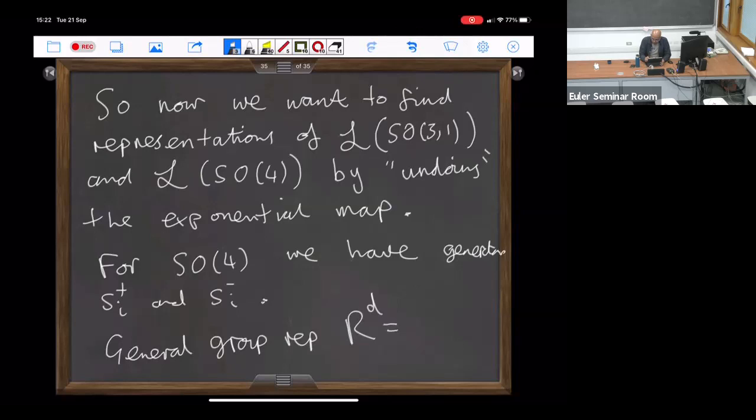It is the exponential. Sorry, I'm going to write this on the next page. So we'll have 6 parameters because we've got 6 generators.